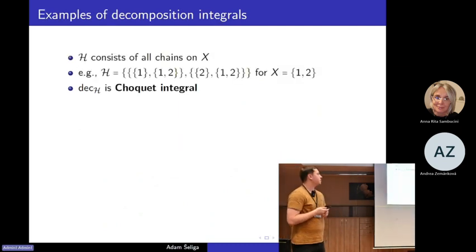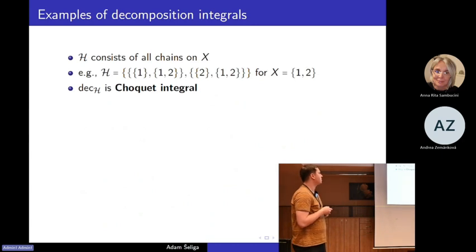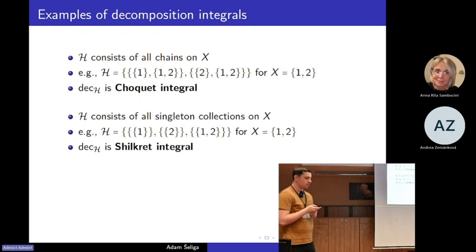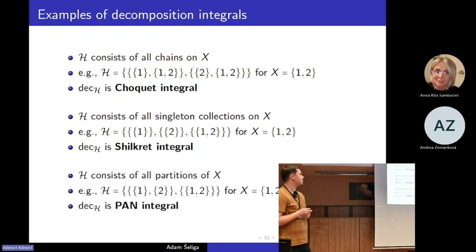Some examples that are well known. We have, for example, the Choquet integral. To obtain the Choquet integral, we can consider either all chains or all maximal chains. Here is an example of all maximal chains for the space X consisting of two elements. We can also obtain the Shilkret integral if we consider all singleton collections in the decomposition system.